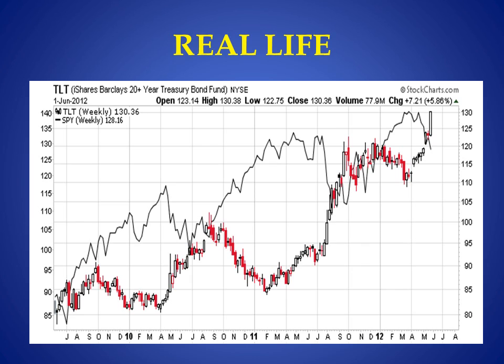So obviously when you get out of bonds, there is plenty of time, because what the market has to do, like here and like here, is bottom out and rise, then you get out of TLT. In the meantime, you might have chances of capital gains plus the yield.